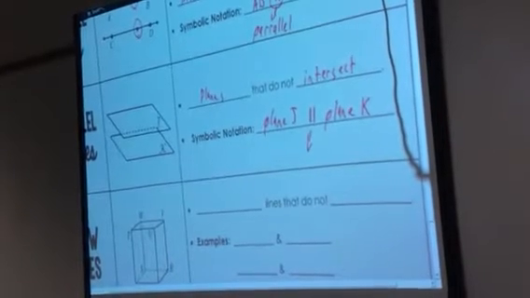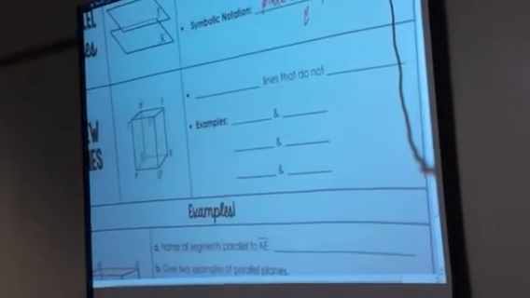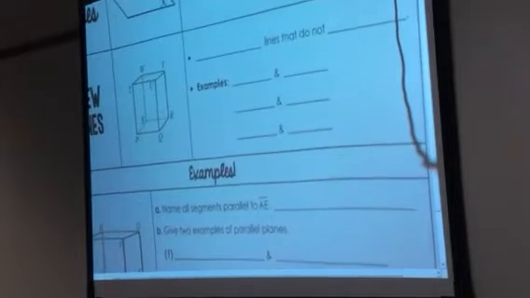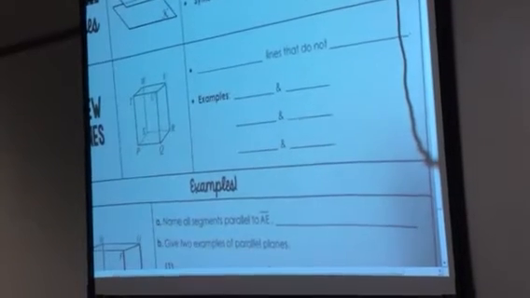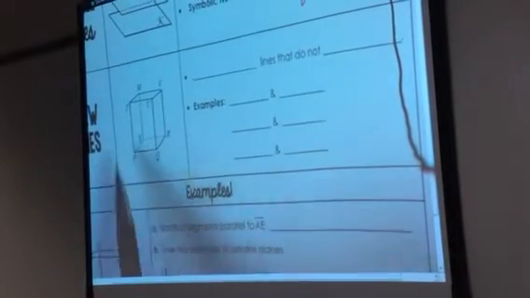Now, skew lines is probably new for you. And the only time you'll have skew lines in a picture or anything is when you have a three-dimensional picture there to look at.